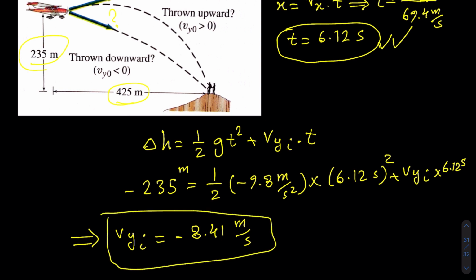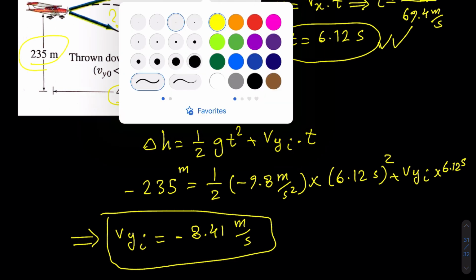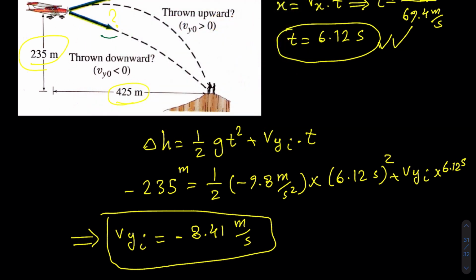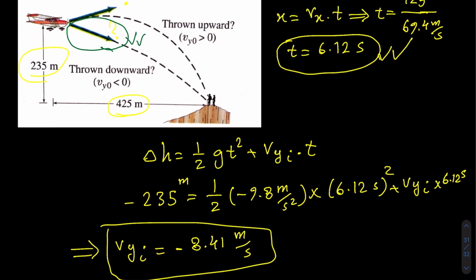Why did it become negative? Because that means this answer is correct, this angle is correct, and it should have a negative vertical velocity. That means here, this Vy at the beginning, Vy initial, right?